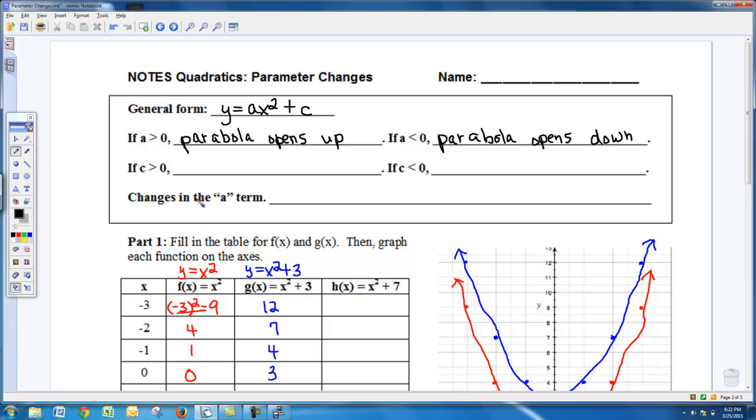And then in general, changes in the A term make the parabola narrower. We also call that a stretch. Or wider. Remember, we call that a compression when it gets squished and spread out.